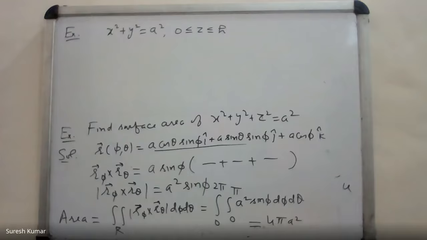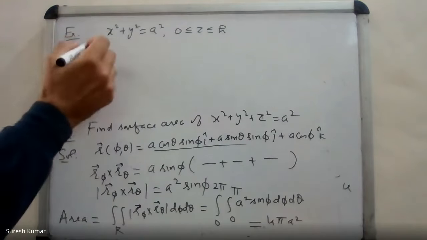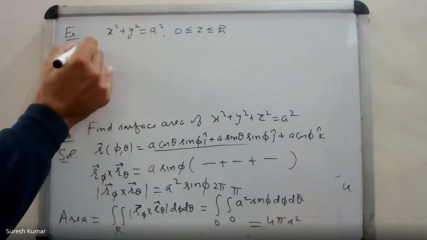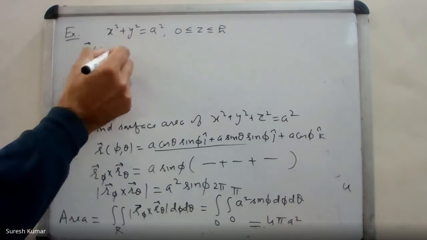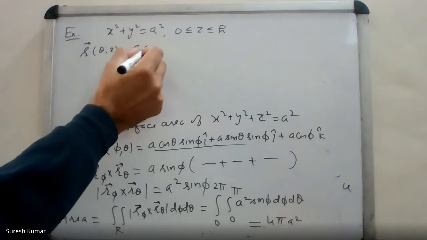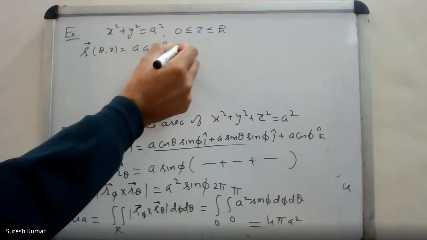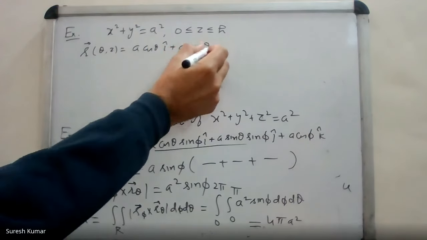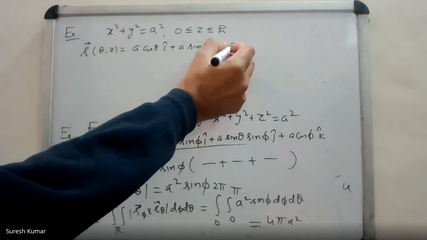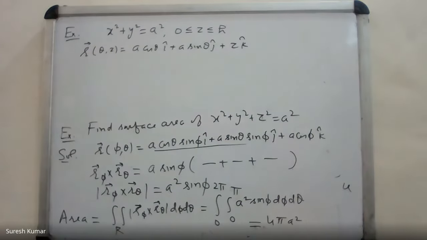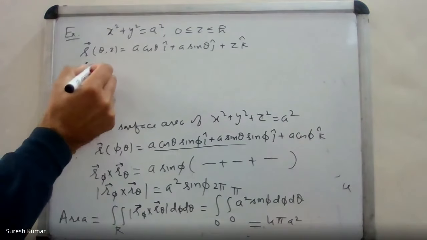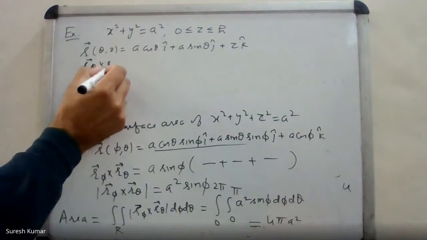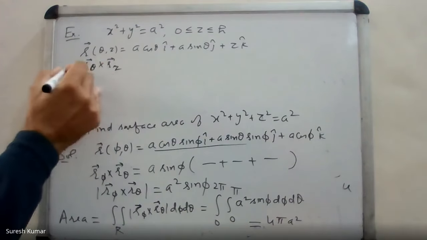So again you need parameterization first. This time, what is the parameterization of this cylinder? R theta z: a cos theta i cap, a sin theta j cap, and z k cap. So what do you need? R theta cross R z in the surface area formula.